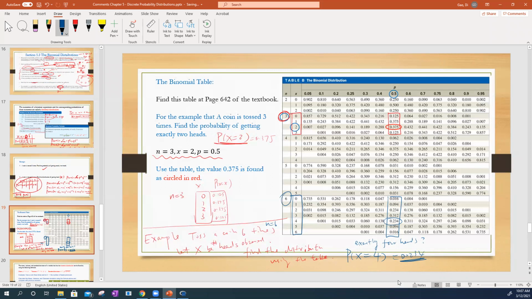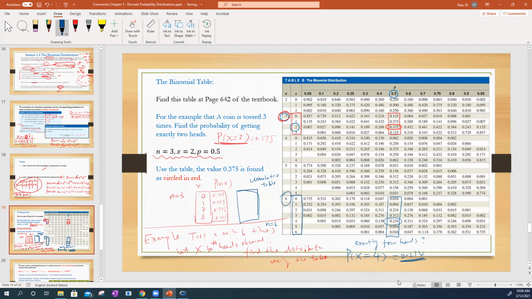We have a separate video talking about how to read the table, so you can watch that video as well. We also have a table called the cumulative table. The only difference is the cumulative table stores the cumulative probabilities. Cumulative means up to that number.